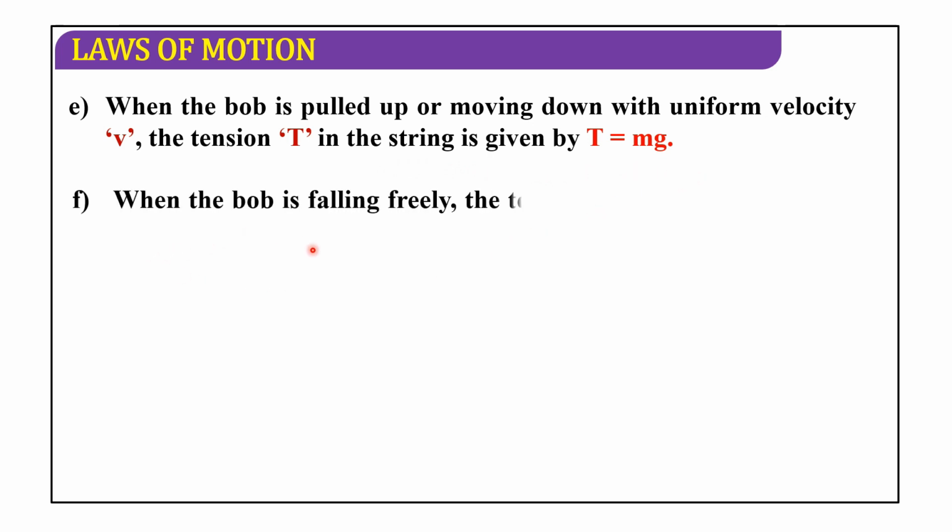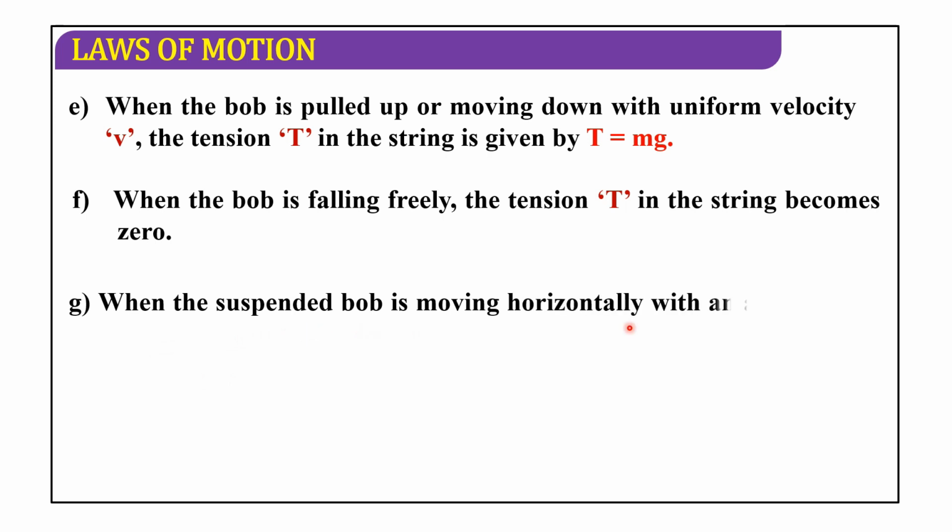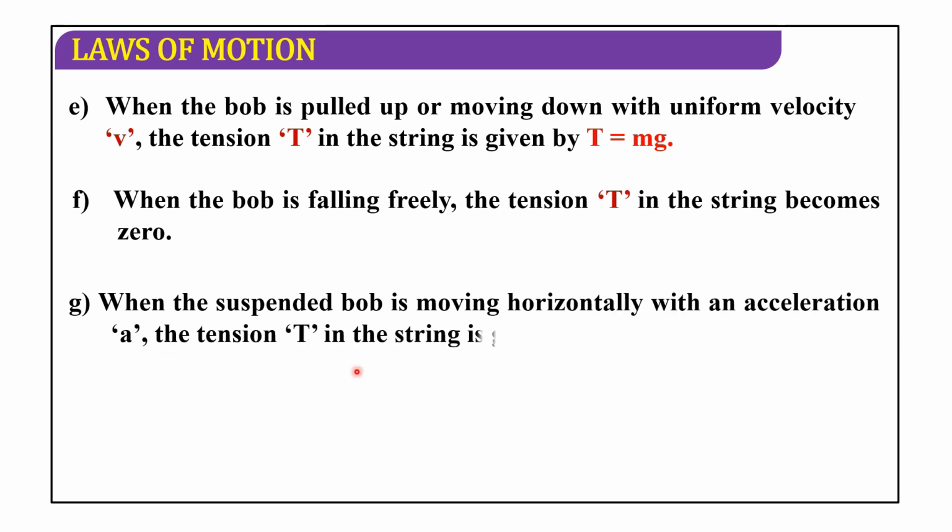When the bob is falling freely, the tension T in the string becomes 0. When the suspended bob is moving horizontally with an acceleration a, the tension T in the string is given by T equals m times square root of g square plus a square.